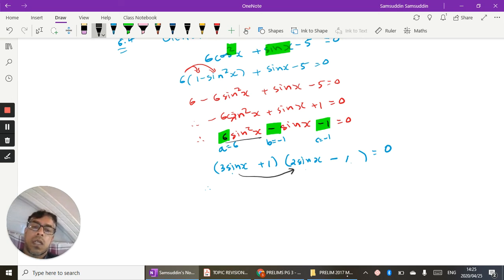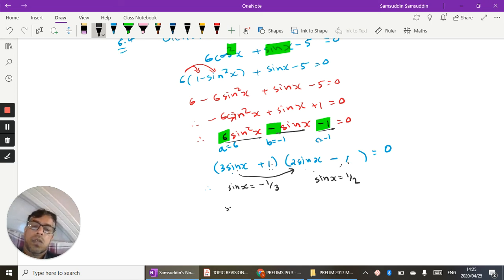It's 6 sine squared x, that's fine. 3 sine x positive, 2 sine x, 3 sine x negative, 2 sine x positive, so negative sine x, correct. And 1 times minus 1 is minus 1. Okay, so once I get factors, I make sure that I recheck if my factors are correct or not. So the first bracket gives me sin x equals negative 1/3. The second tells me sin x equals half.